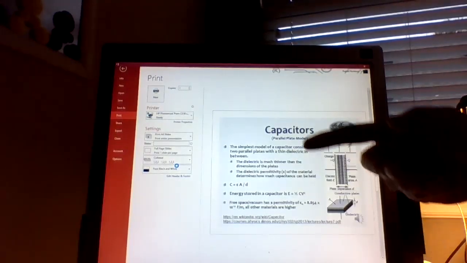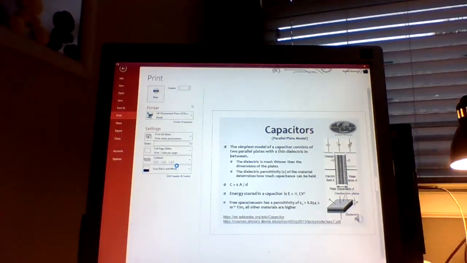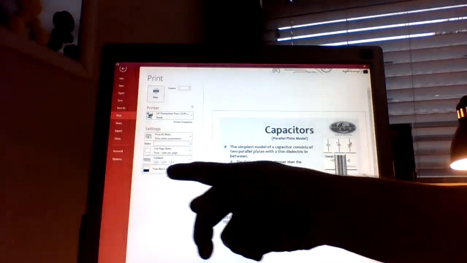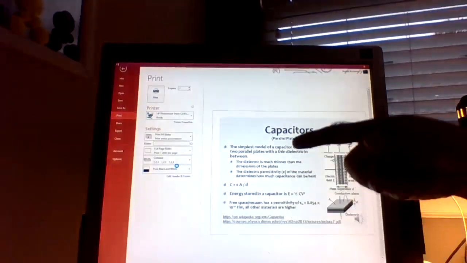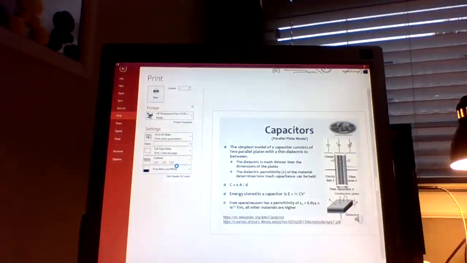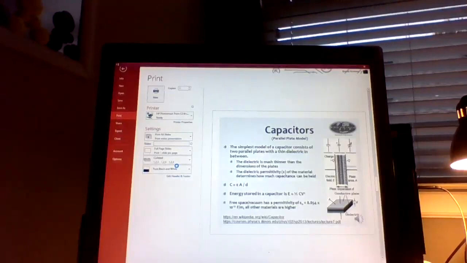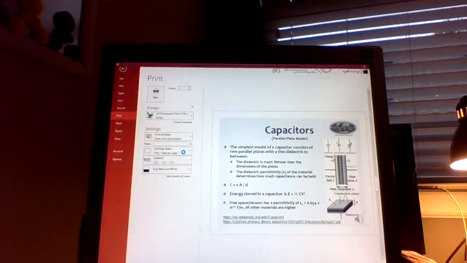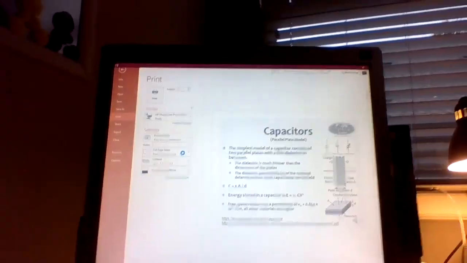And then it will allow me to do the printout with that. But you notice when I print out in pure black and white, that's much easier and it prints out better. Okay. I can also tell it to print 2 at a time.